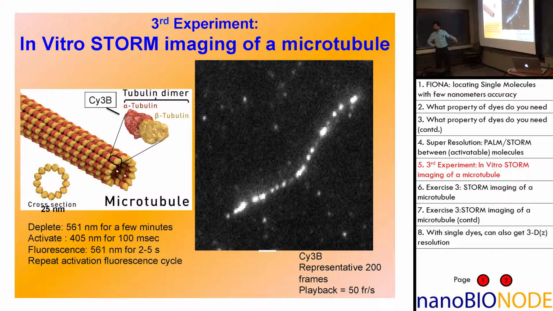In this case, what you do is you add some chemicals to it, then you add 561 nanometer light, so it's in the green, and you hit it like crazy, for like a minute, and then you see nothing.